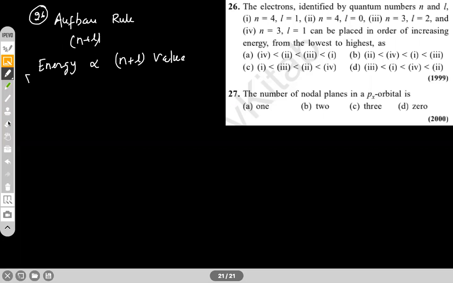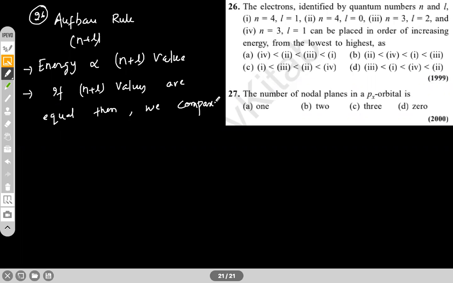If n plus l values are equal, then we compare the n value. Okay, more value of n, more will be the energy. So let us discuss this.